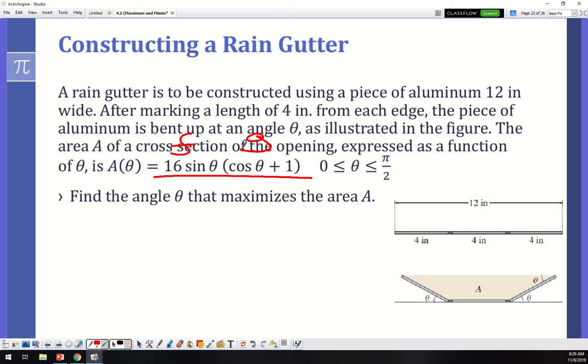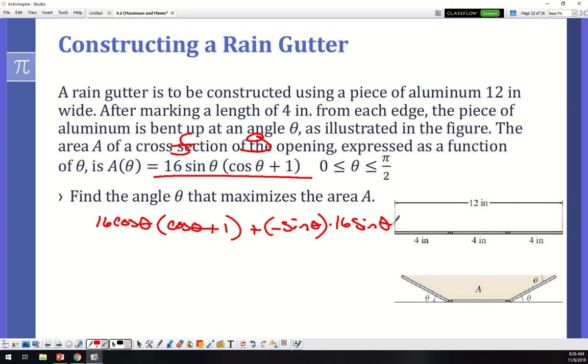Okay, so F prime. So that's going to be 16 cosine of theta times cosine of theta plus 1, and then product, so it's plus, and so derivative of this is going to be negative sine of theta, yes, times F, which is 16 sine of theta. Okay, so now let's go ahead and put stuff together.